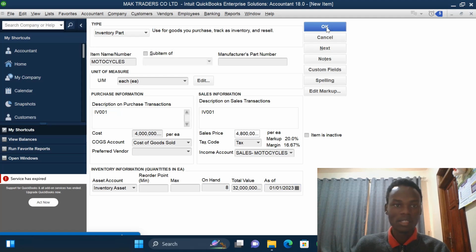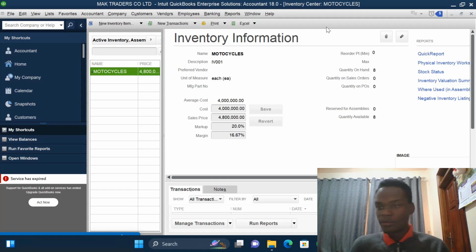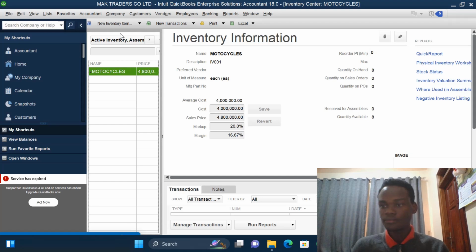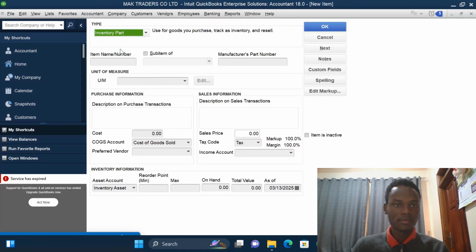So we have basically finished the first item. Come here and click OK. Now we have another item, so come back to new. That's the generator. The units of measure will still remain the same, each.